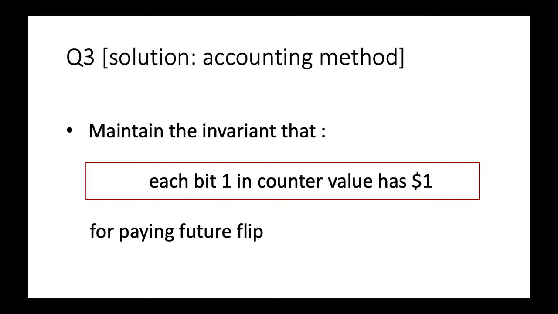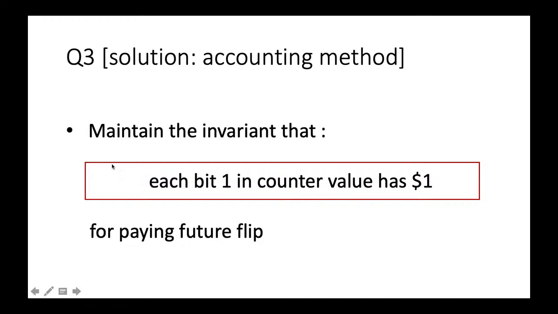We will maintain the following invariant. We will make sure that at every step after an operation, the following red statement holds: each bit 1 inside the counter value has $1 associated with it. This $1 is going to be used to pay for any future flip of this bit. This is exactly the same kind of money that we need to reserve for the original binary counter problem.